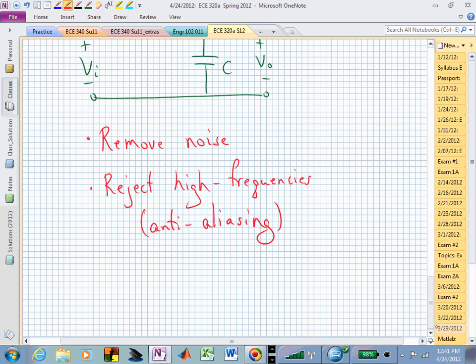That's one type, which we've already really talked about quite a bit. Let's look at another type, which is just sort of the opposite of the low pass, and that's the high pass.